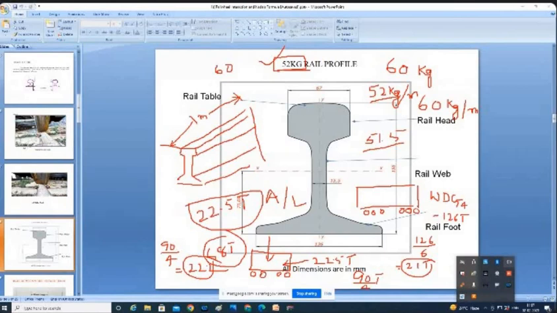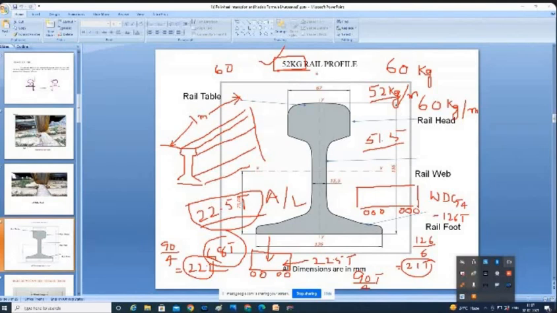It may cross this 22.5 ton. Then automatically there is a chance of breakage of the 52 kg rail. That is likely to take place if the axle load exceeds 22.5 ton. That means we cannot carry more load over these 52 kg rails.